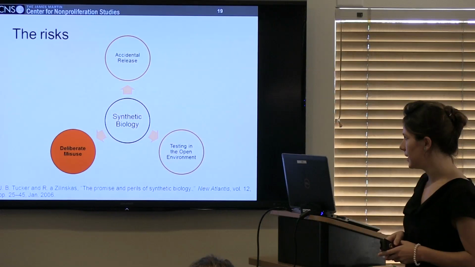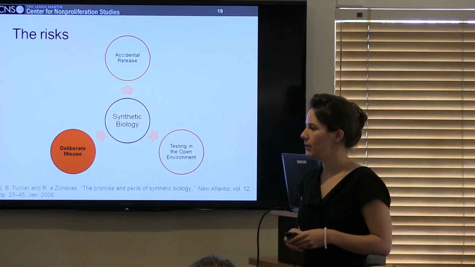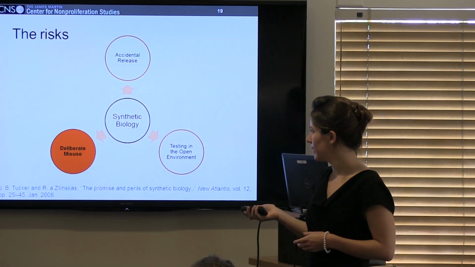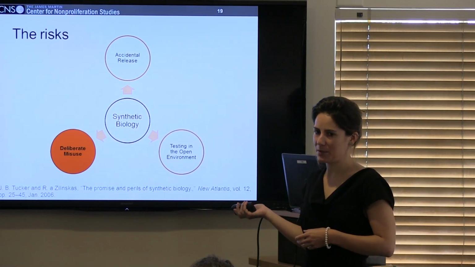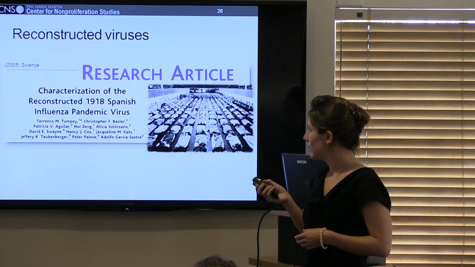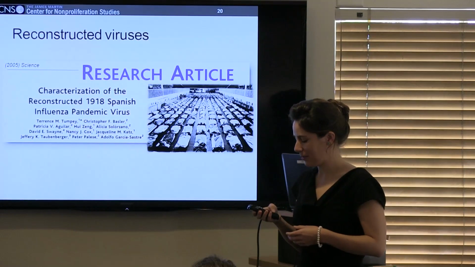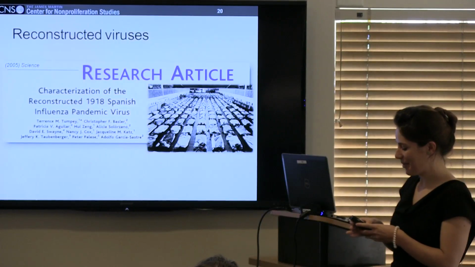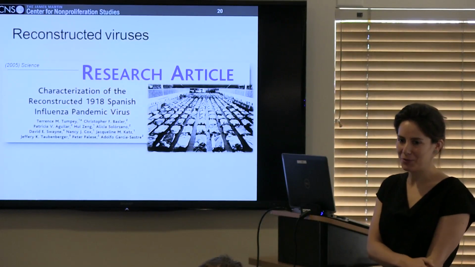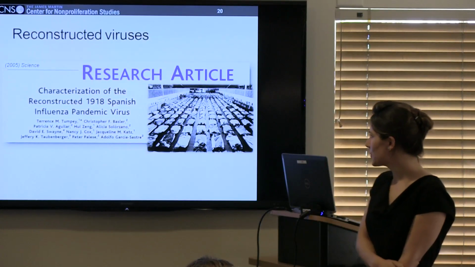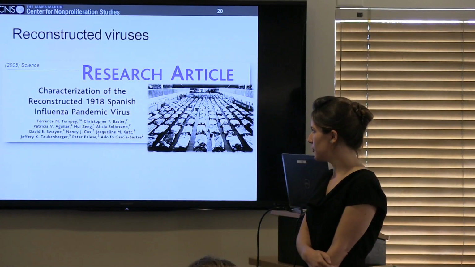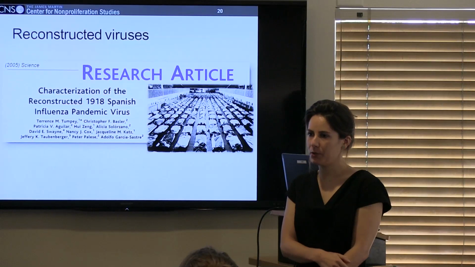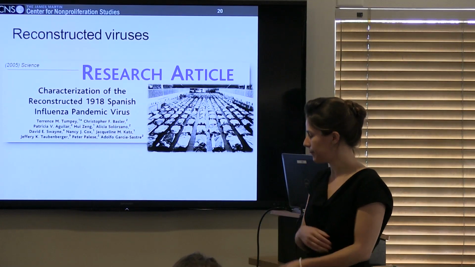So similar to genetic engineering, there are many risks that come with these technologies. And again, I will focus on the deliberate misuse. Let's see one thing. This is an example of something that can be worrisome that's done through synthetic biology. The 1918 Spanish flu killed over 35 million people in Europe early in the 20th century.